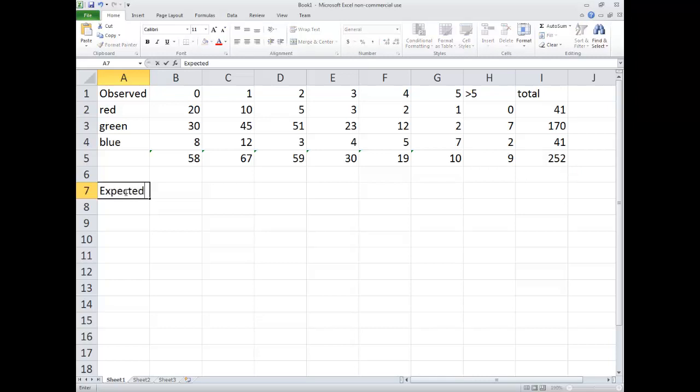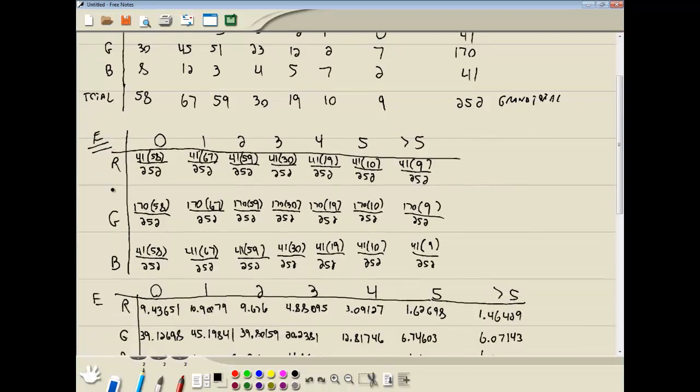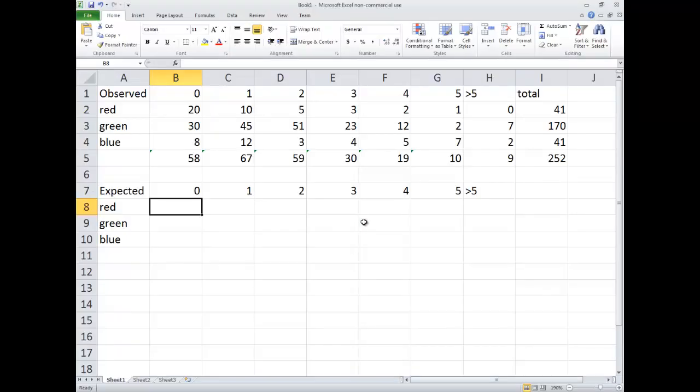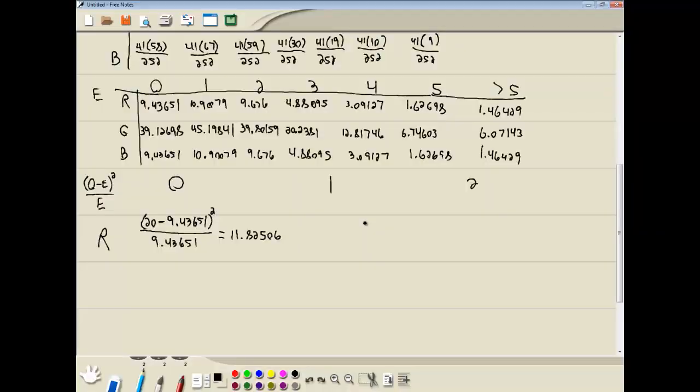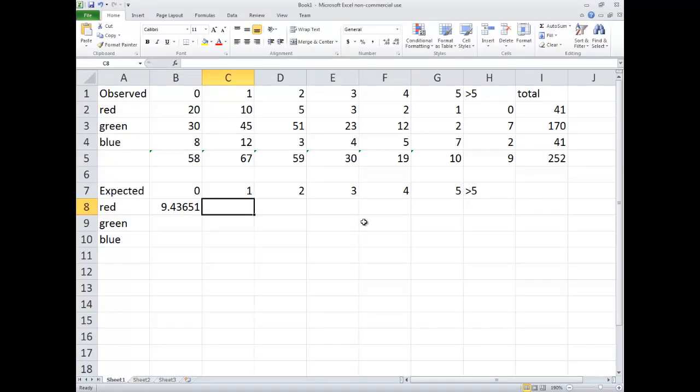Now our expected. This is the number of children going across here. And this will be my red, green, blue. I wonder if I can do this real slick without... Nah, I won't be able to. I could figure it out, but I'd have to put the dollar signs in the right place. Equals.